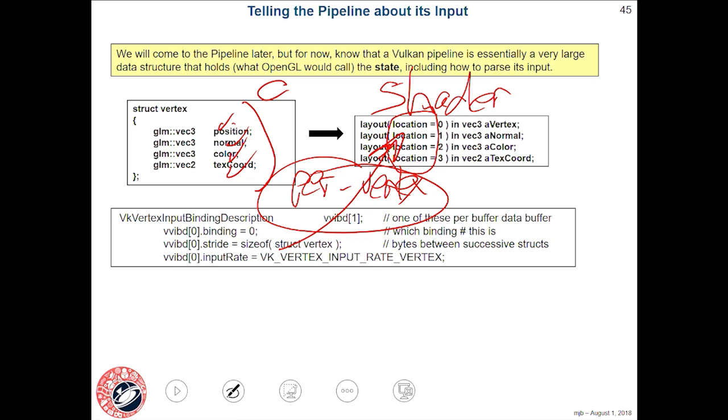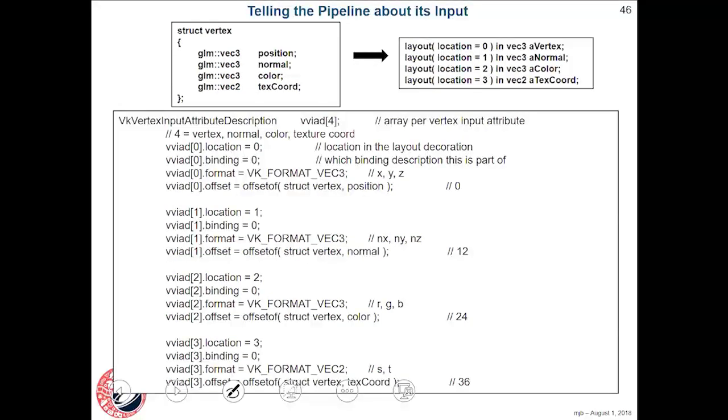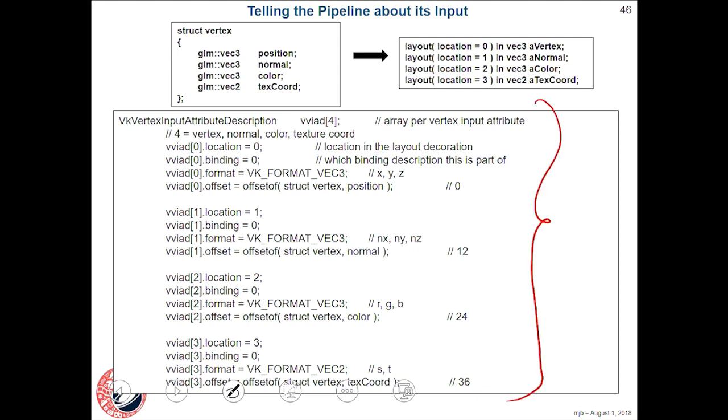And that's up to you. So that's up to you to say, I want the vertex coordinates to be bound into location 0. That's where the shader is going to look for them, and that's where we want this structure prepared to write them.